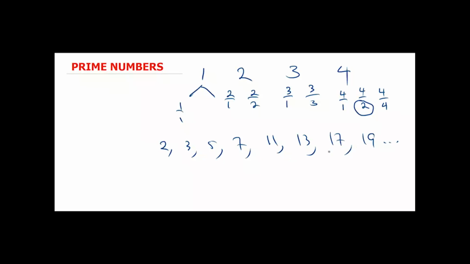All these numbers have 2 factors. So they can only be divided by 1 and themselves. That is how to get a prime number. It must have exactly 2 factors. It cannot be less than 2 and it cannot be more than 2.